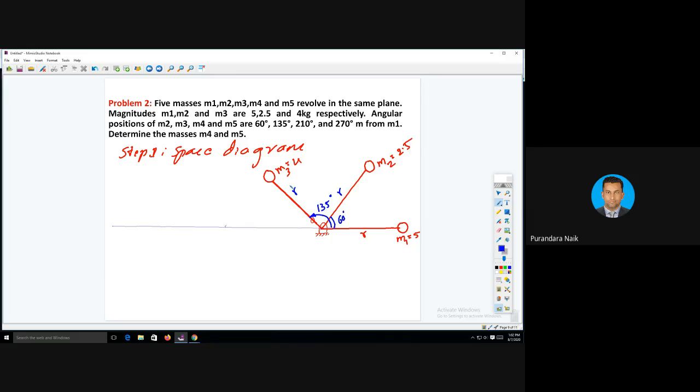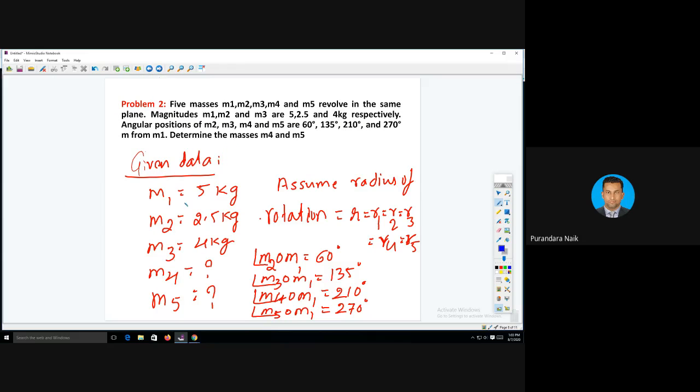Next, M4 and M5, the magnitudes are not given, but we know the angle. First one, M4 is inclined at an angle of 210 degrees. Measure 210 degree from the reference. From which reference? From this line, M1, because all the angles we have taken from M1.